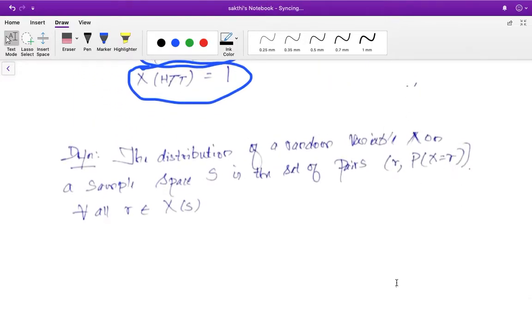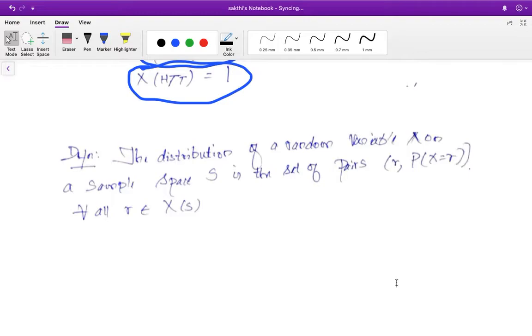The distribution of a random variable X on a sample space S is a set of all pairs. What is that pair? You take the outcome and map it with the probability of getting that outcome.